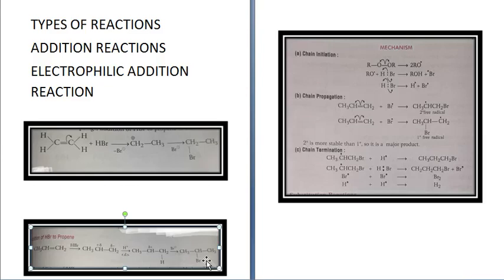So in this case the negative part was Br, so that attached to the carbon which had lesser number of hydrogen, and the positive part obviously to the carbon which has more number of hydrogen. So this is according to Markovnikov's rule.